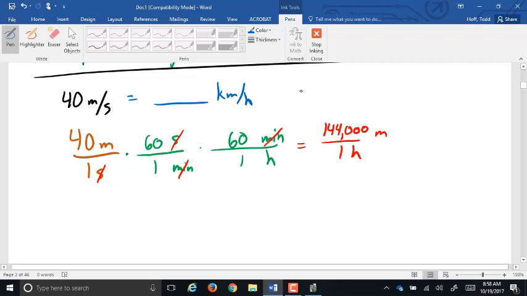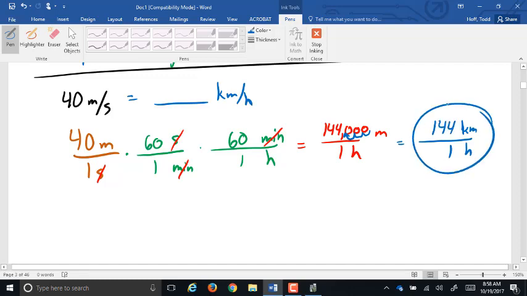Why didn't I convert the meters yet? Well, because that's really simple. I'm changing this then into kilometers per hour. The 1 hour isn't going to change. 144,000 meters is how many kilometers? To get from meters to kilometers on the chart is 3 spots to the left. That's just 144 kilometers.